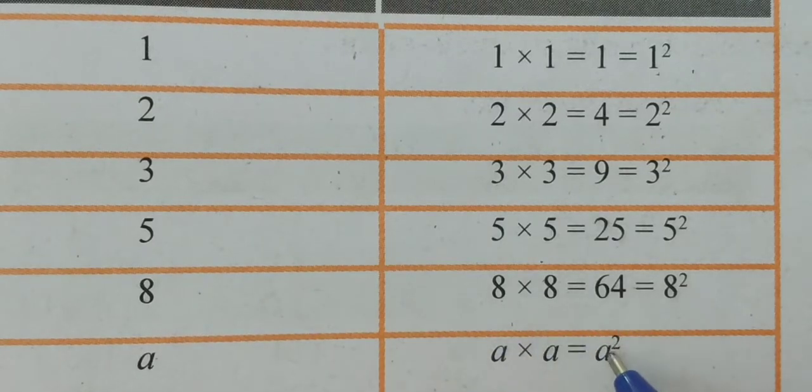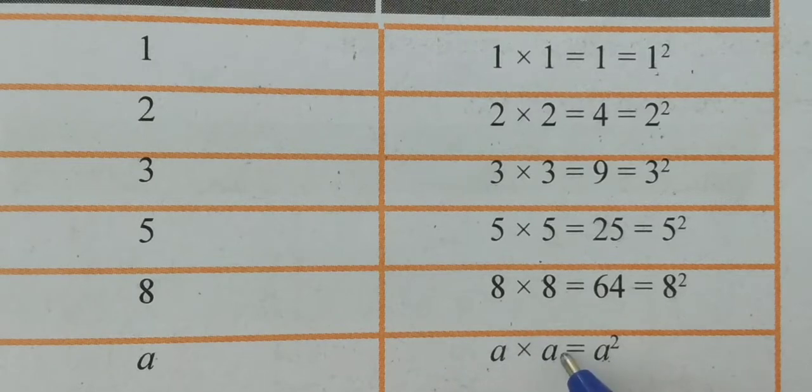A square is a square because a is a variable, it doesn't have a fixed value, so we write it in this form. You take any variable. Instead of a, if you take y, then it's going to be y square.